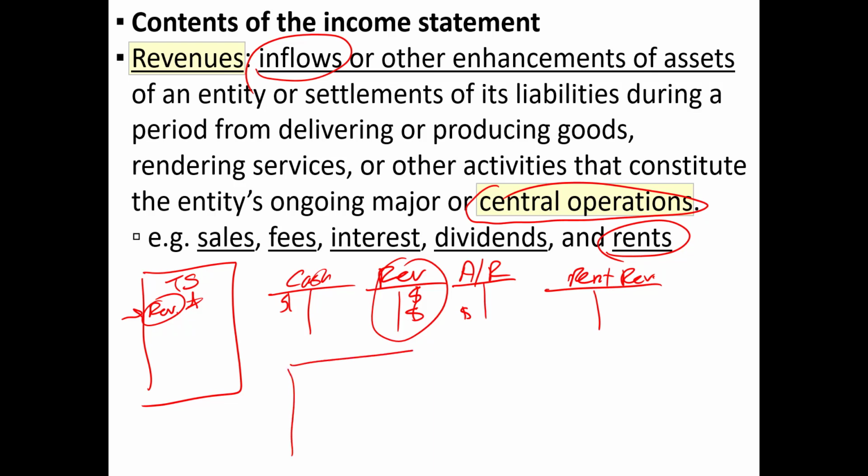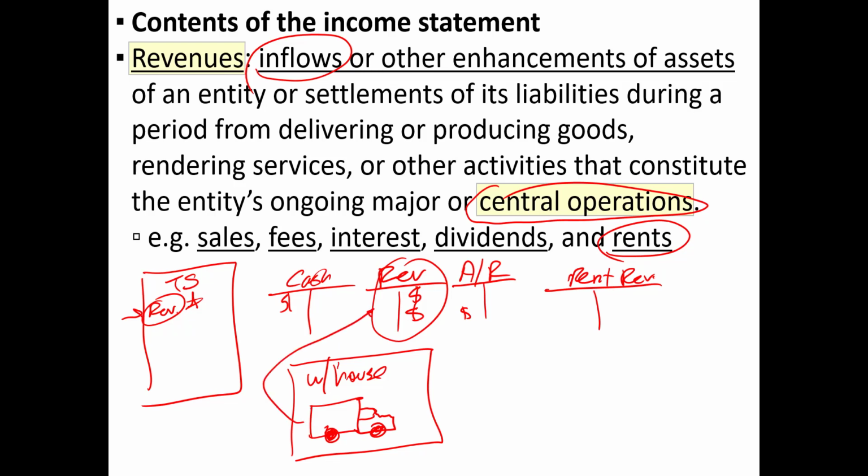Imagine, for instance, that we're a delivery company. We have a warehouse, okay? And we usually store packages in this warehouse. I know this is kind of a bad drawing here. This is a delivery truck. Okay, we fill that in there. So normally our business is to deliver packages, and so the delivery of goods results in service revenue. So say that's service revenue from delivering packages.